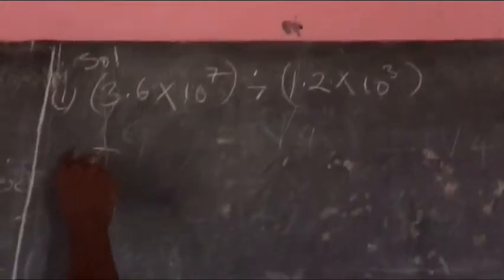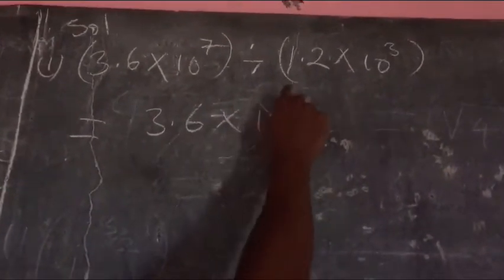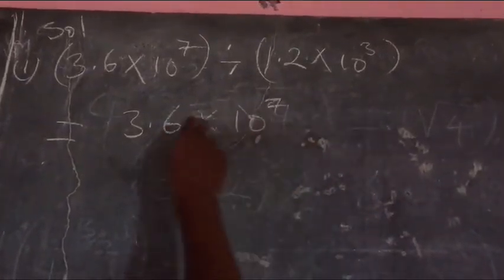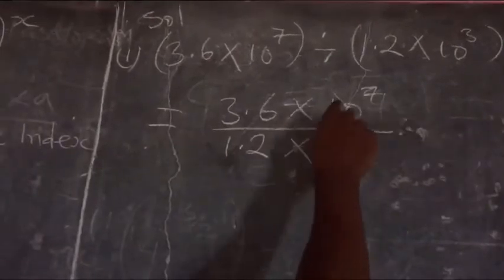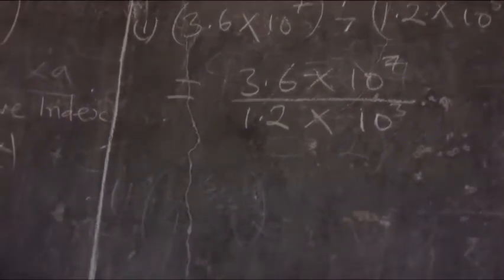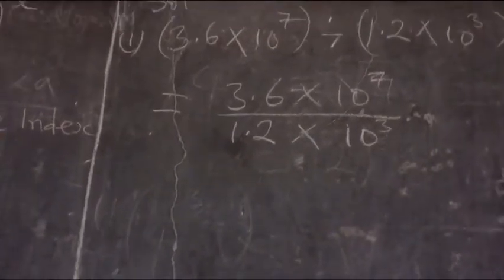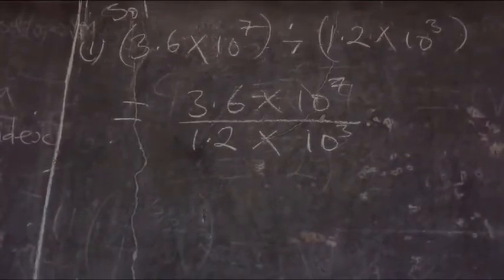Another way we can express this is 3.6 times 10 raised to the power 7 over 1.2 times 10 raised to the power 3. We will use our law of indices, or we will use algebra. Any way you use will give you the same answer.